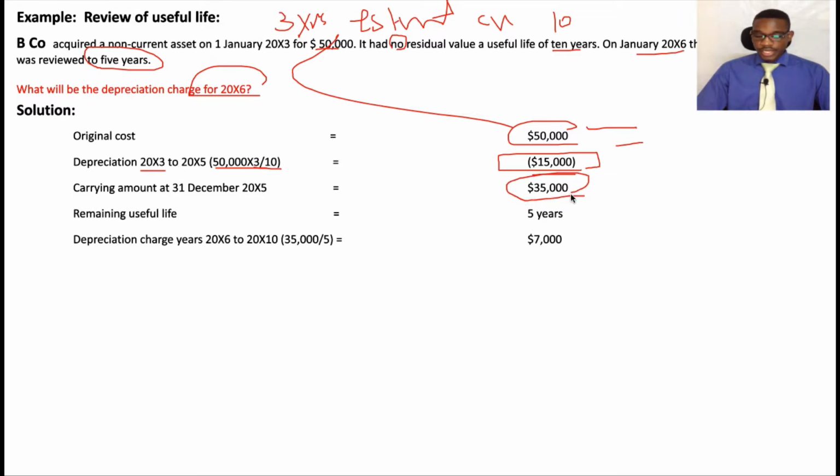So the remaining useful life is changed to 5 years.